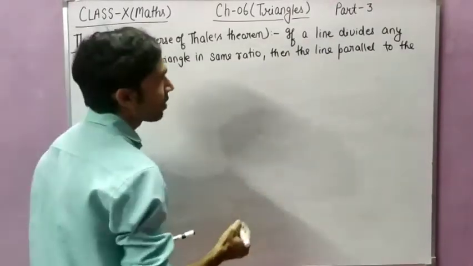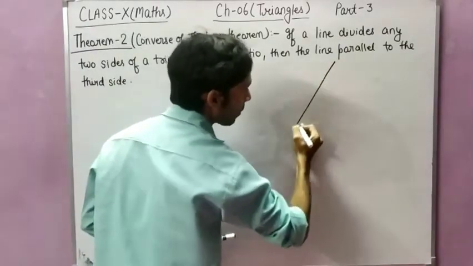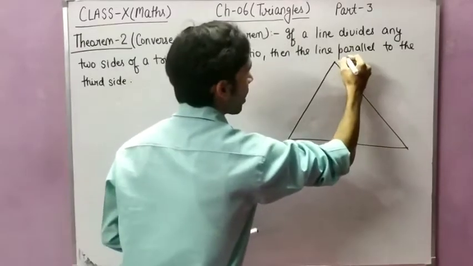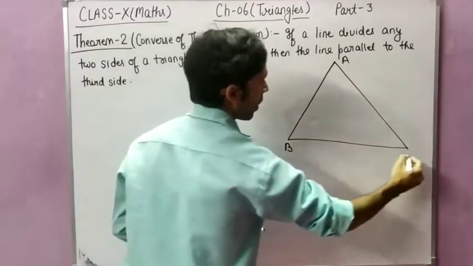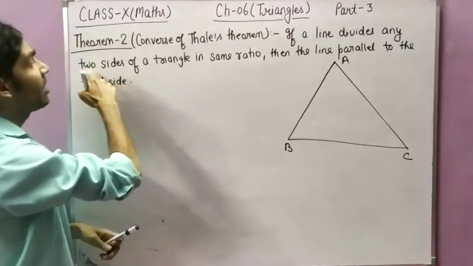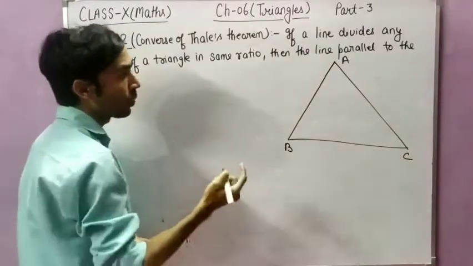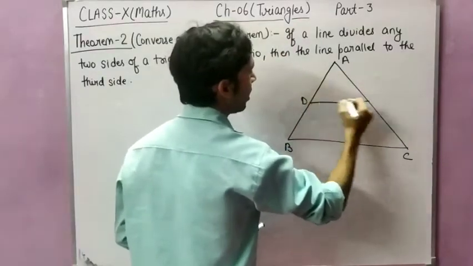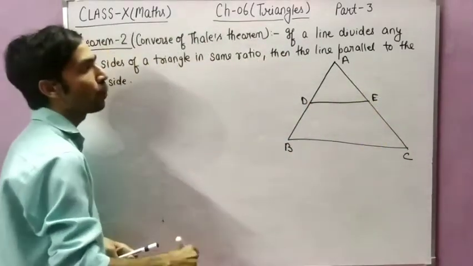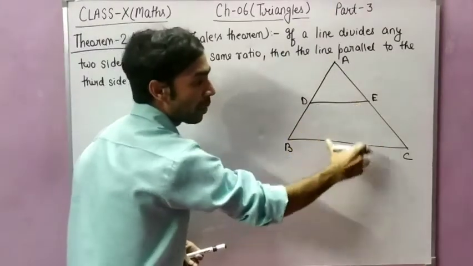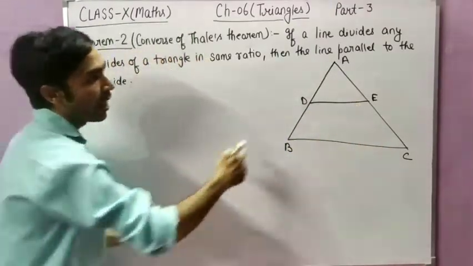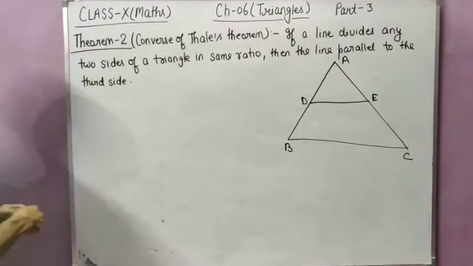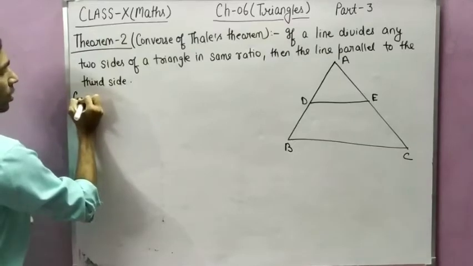So first we will draw a triangle. This is triangle ABC, and suppose a line divides two sides of the triangle in the same ratio, that is DE. Then we have to prove that DE is parallel to BC. So what is given, students?